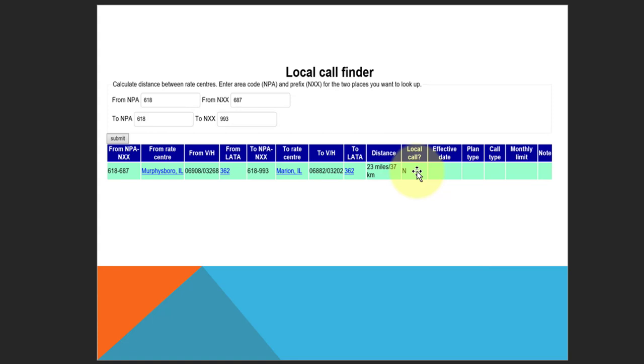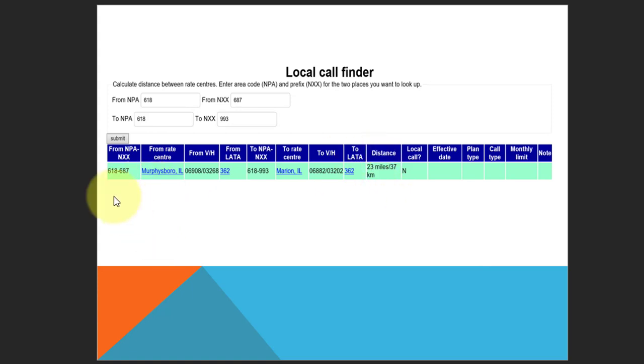But if we look at this box, it says, is it a local call? And it's no, it's not a local call. If you see that it says local call N, because N means no, then we know that it exceeds the central office's calling radius. The call was 23 miles. It doesn't actually tell us what that central office local calling radius is, but we know it is less than 23 miles.